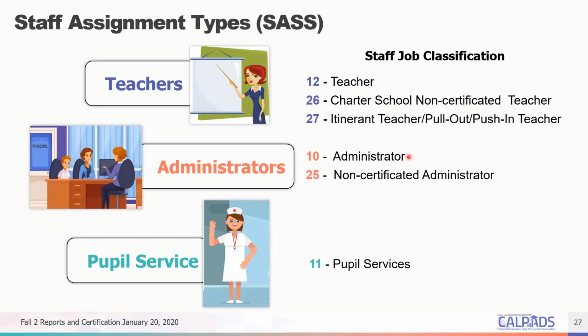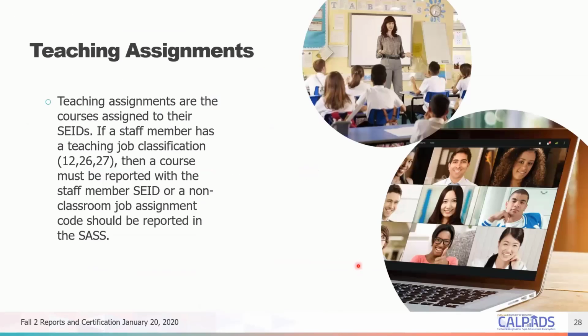These are the job functions that they have that you report in CalPADS. A teacher could be a regular teacher, 12, a charter school non-certificated teacher, 26, or an itinerant pull-out push-in teacher, 27. An admin can be an admin or a non-certificated admin. And then, of course, you only have one job classification for pupil services.